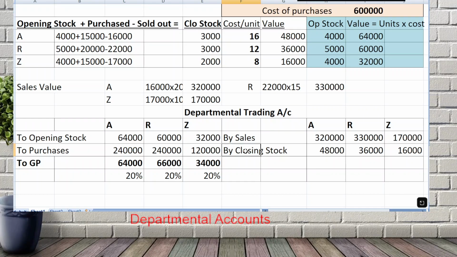See, it's a very good problem. Just 6-line information, but makes us think a lot and answer. This has nothing to do with department accounts.